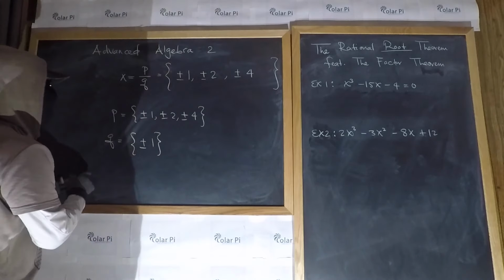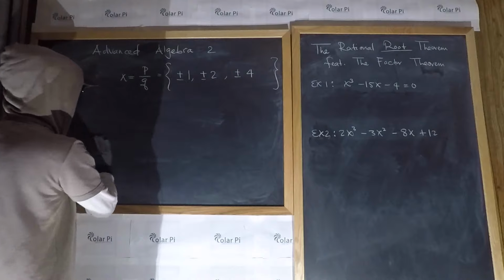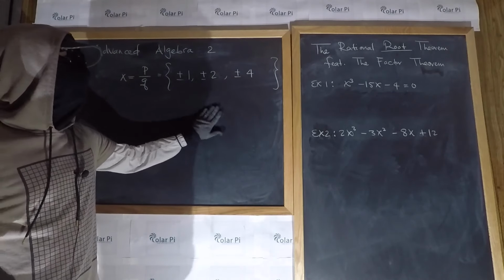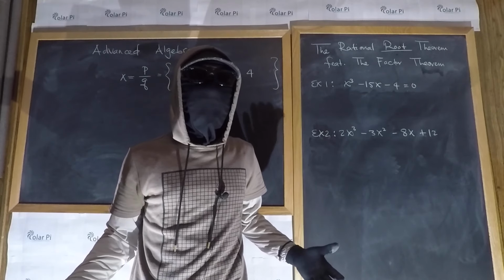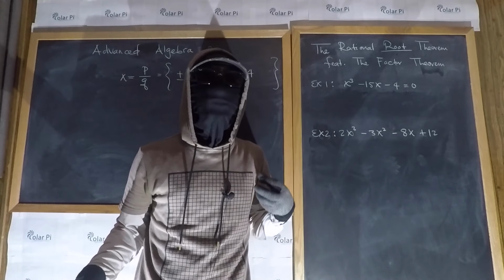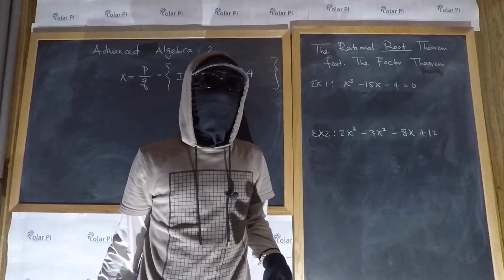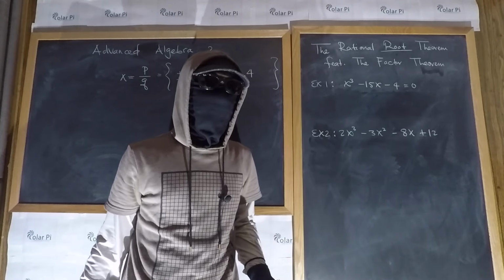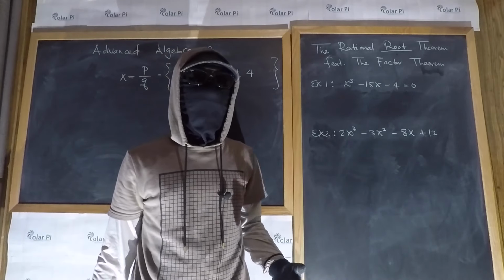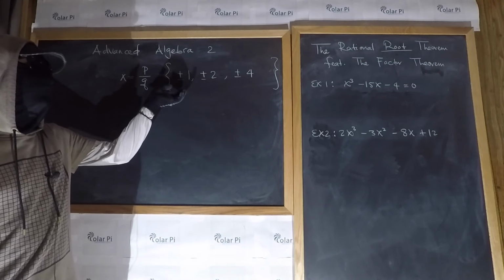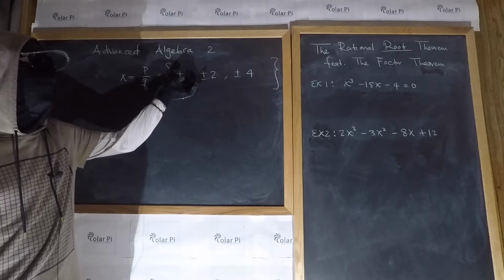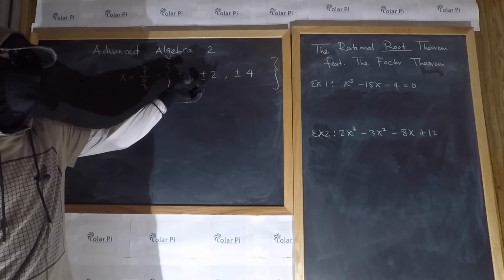Now, as I said, from here, your best friend is the factor theorem. Now, there's something really sweet about the rational root theorem, which is it would help you even with a 100th degree polynomial, or like a 97th degree polynomial. It will work on any polynomial, but its drawback is once you create this list, you do not know which of the rational numbers in the list is a 0.